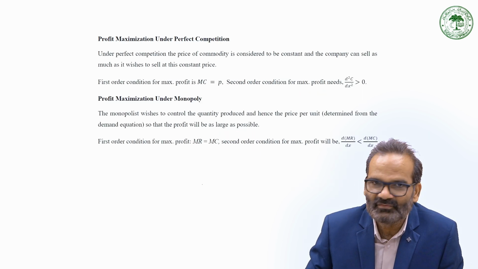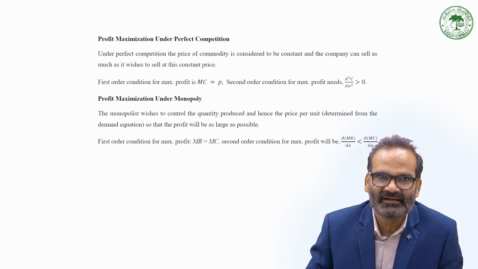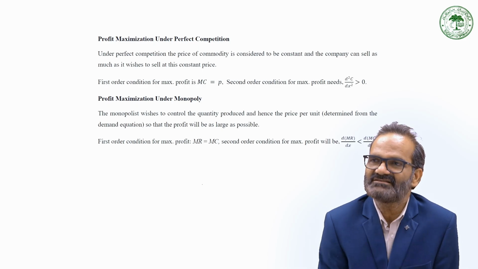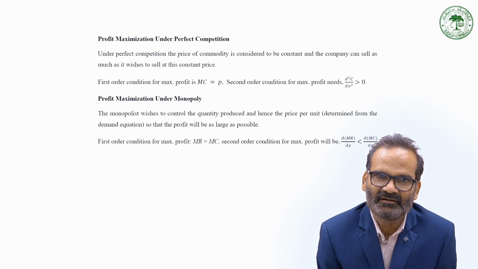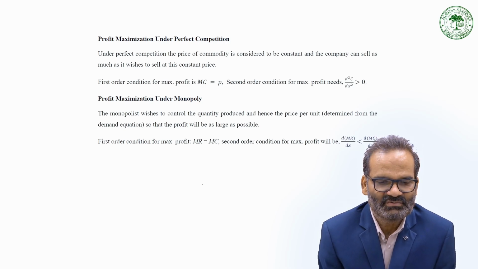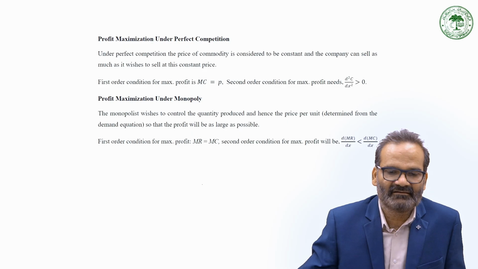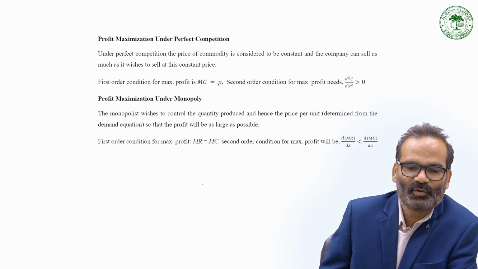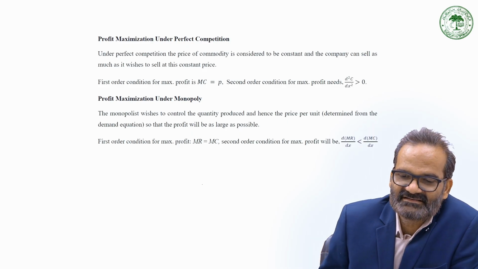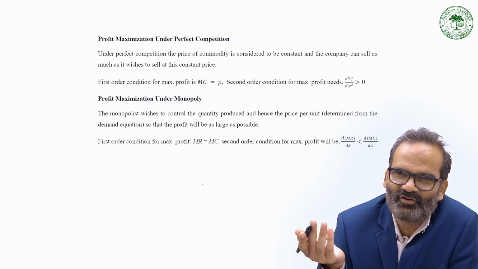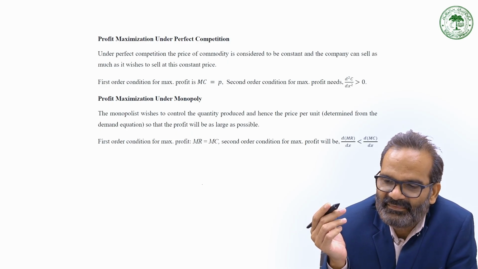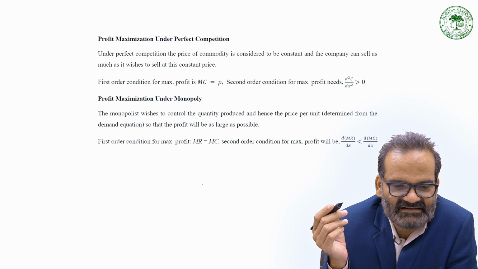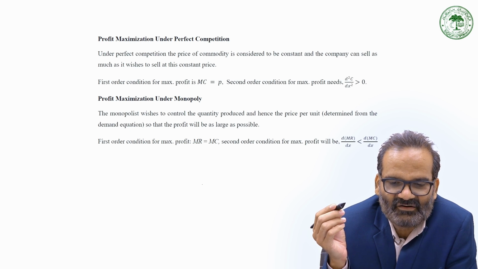Likewise, the profit can also be governed under two basic conditions. The first condition is what? Profit maximization under perfect competition, and two is profit maximization under monopoly. Under perfect competition, the price of the commodity is considered to be constant, as we have already discussed in the case of revenue, and the company can sell as much as it wishes to sell at this constant price.